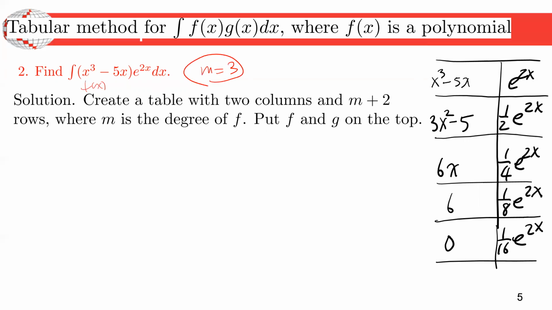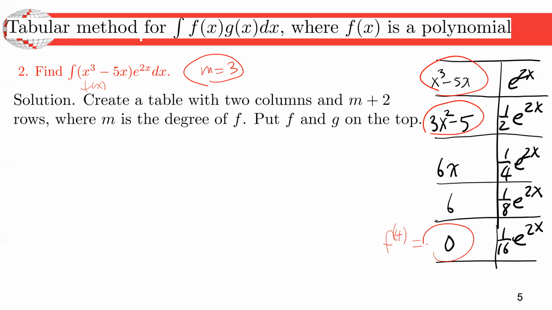Again, the first entry here is f. So we find its first derivative, 3x squared minus 5, second derivative is 6x, third derivative is 6, and the fourth derivative is 0.